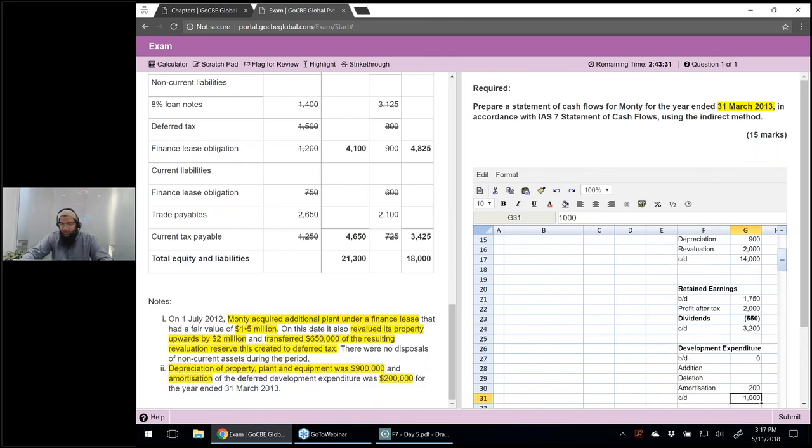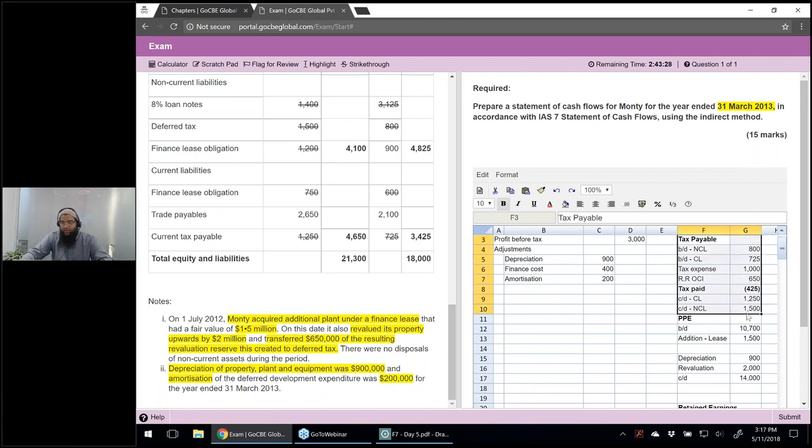Now let's close the T accounts. Tax T account already closed. Property, plant, equipment T account. If we calculate the sum of the carried down minus the sum of the remaining values. So this is going to be additions paid from the bank.